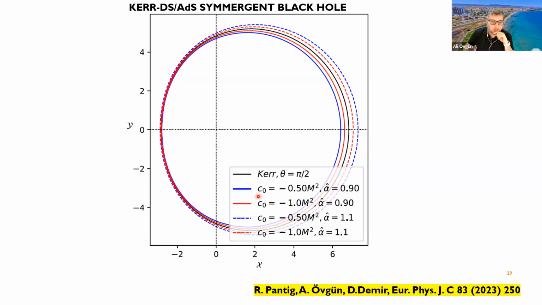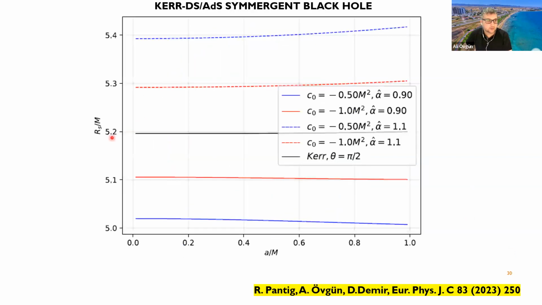For example, for constant alpha, C0 is -0.50, but when C0 becomes -1, the shadow size increases. Also in this plot, we make the shadow radius versus A parameter, and when you zoom in, you can see how the shadow radius is changing. The change is very slow.